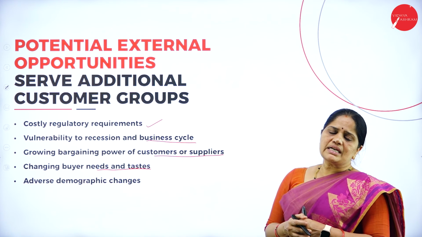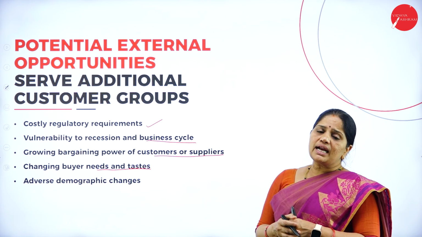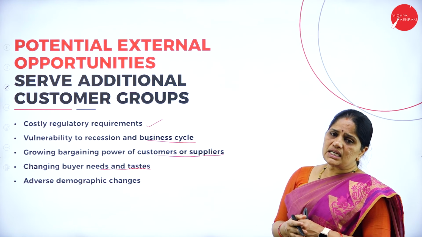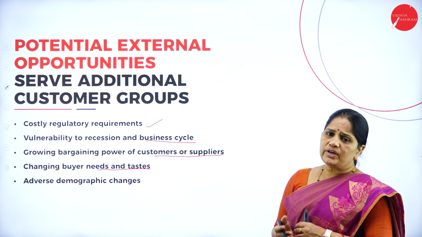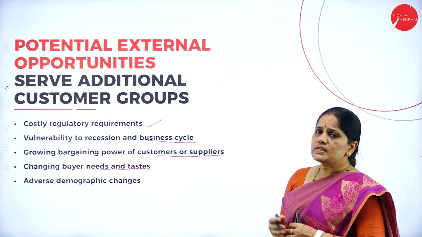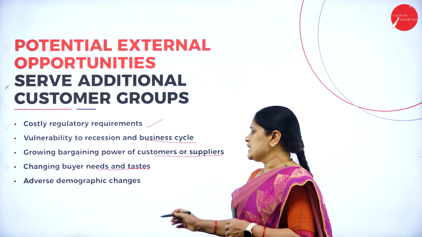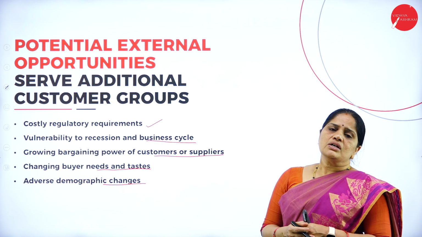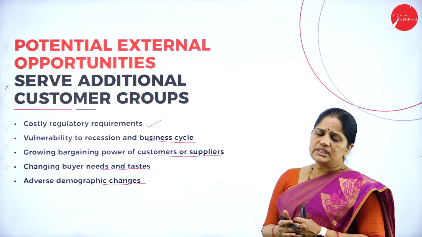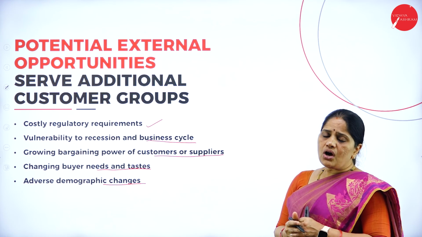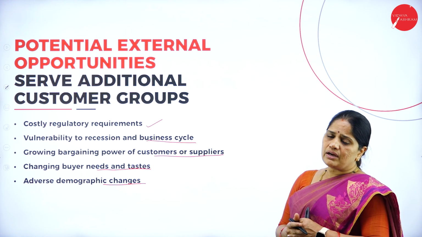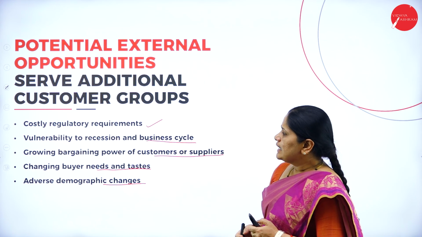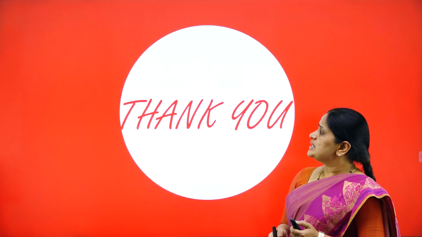So what are the buyer's needs and tastes? Based on that, we have to change our products. We have to innovate. We have to update ourselves to take care of the buyer's needs and tastes. And adverse demographic changes. So what are the demographic changes in the economy? All this will have an effect on our business, and they are a threat to the business.